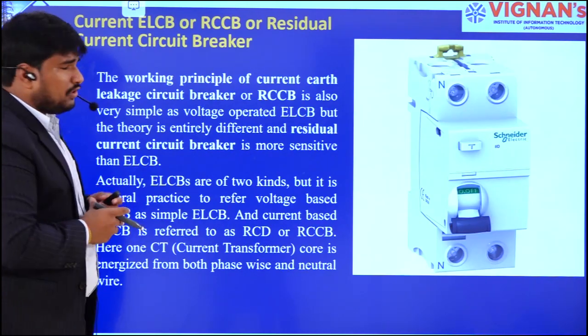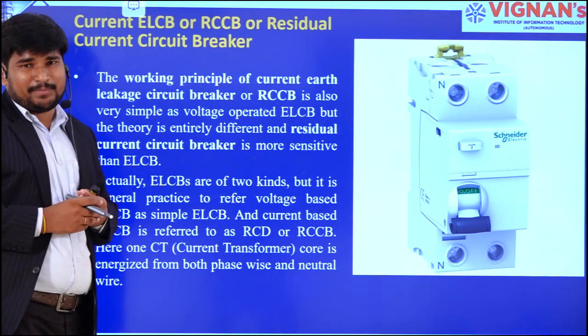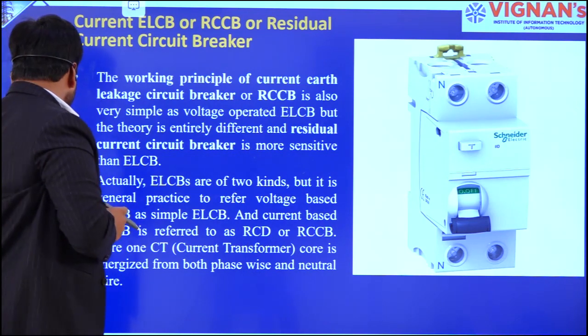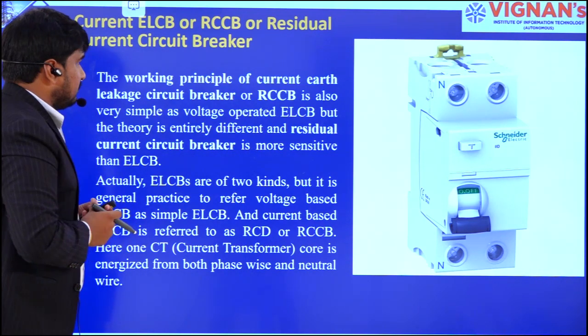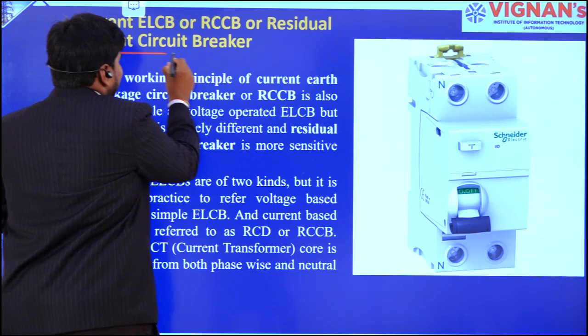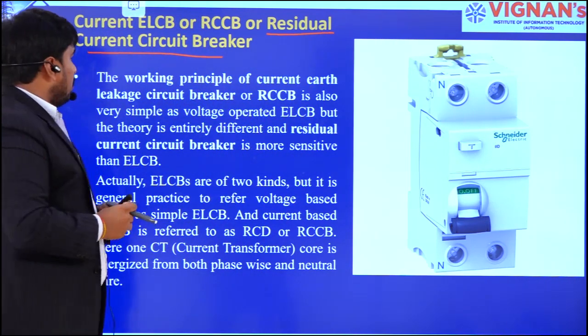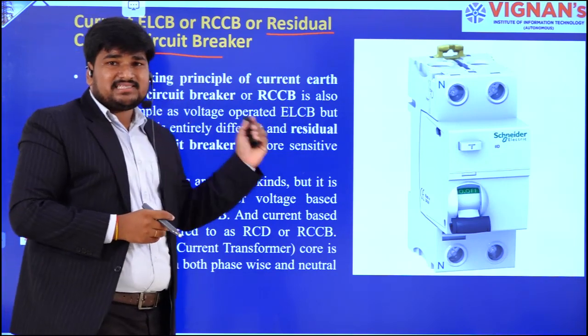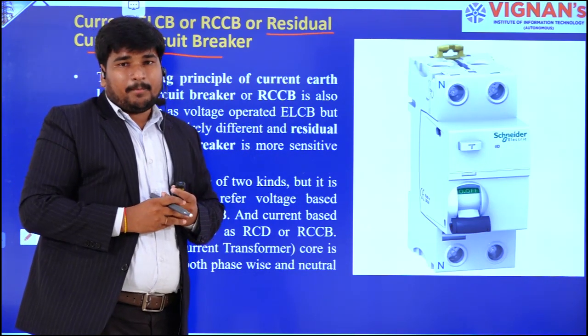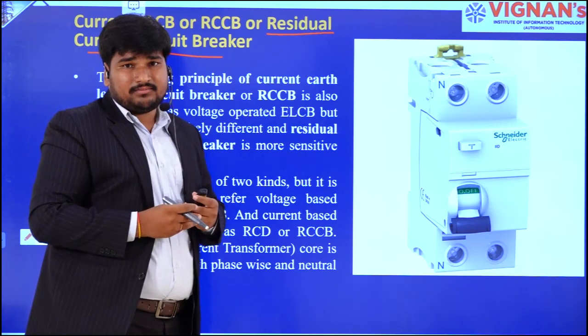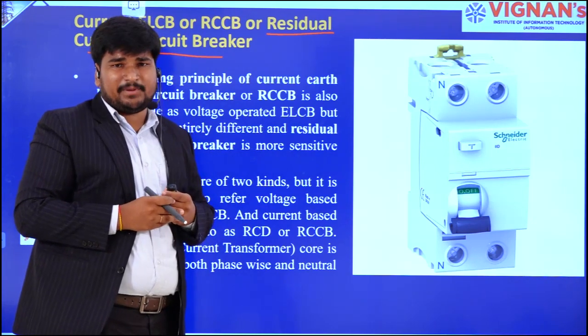Now if you move on to current earth leakage circuit breaker, it is also called RCCB, that is residual current circuit breaker. The voltage earth leakage circuit breaker is mainly denoted as ELCB only.